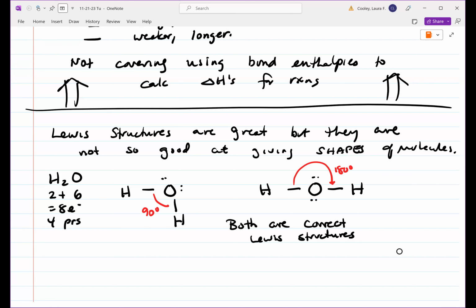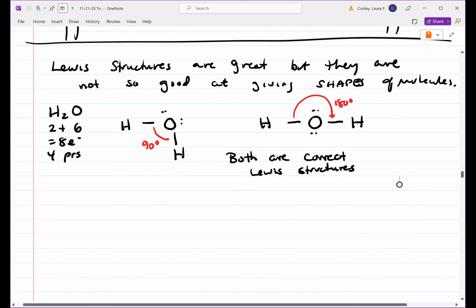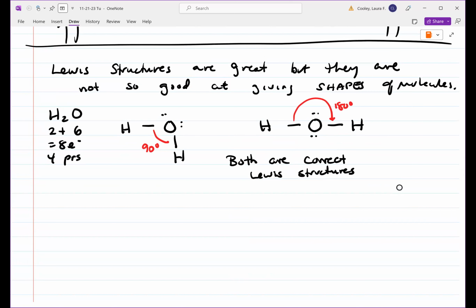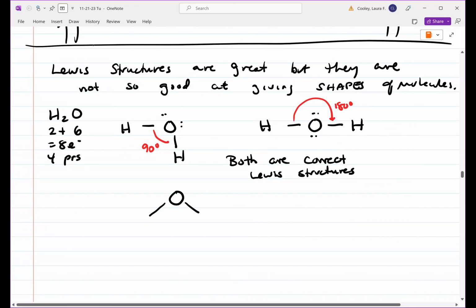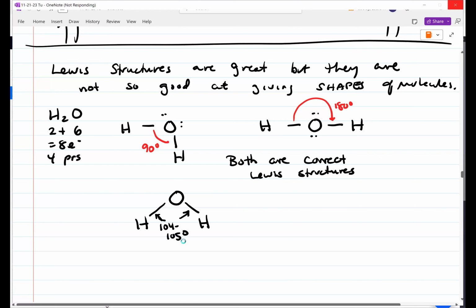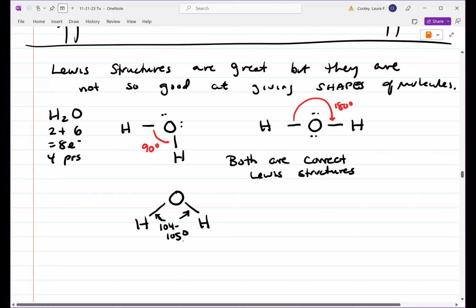Neither of these is right. That's not really what it is in water. In water, this is what you actually have. You have an angle. This angle here in the middle is actually 104 to 105 degrees. It's not 90 and it's not 180. The actual angle is neither.